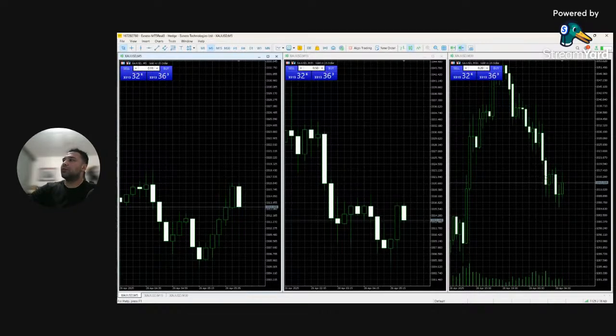It's a bit of a confusion in 30 minutes time frame right here, that we can see a big sell off and then buying happening.